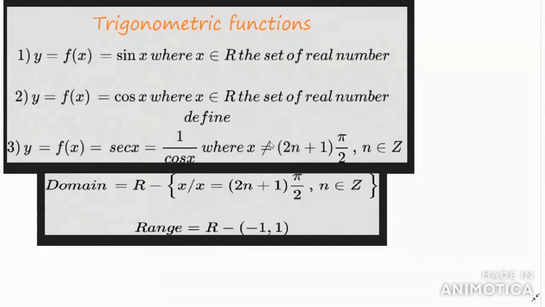Here also you have to take the same condition, and the domain of this function is R minus the set of x such that x is equal to (2n plus 1) times pi by 2, where n belongs to Z. You have to remove all the real numbers which are odd multiples of pi by 2 from the set of real numbers. And the range is similar to cosec x: the range of the function is R minus (-1, 1). This is the domain and range of sec x.